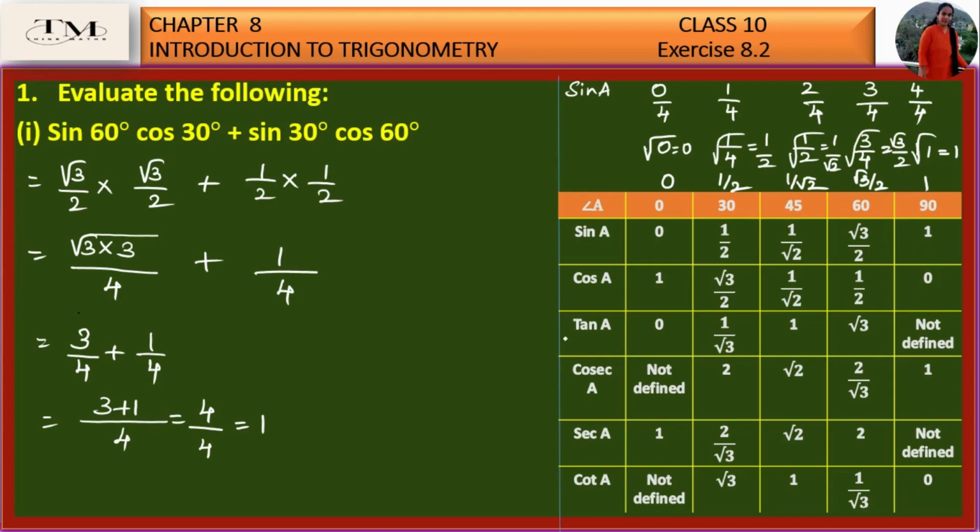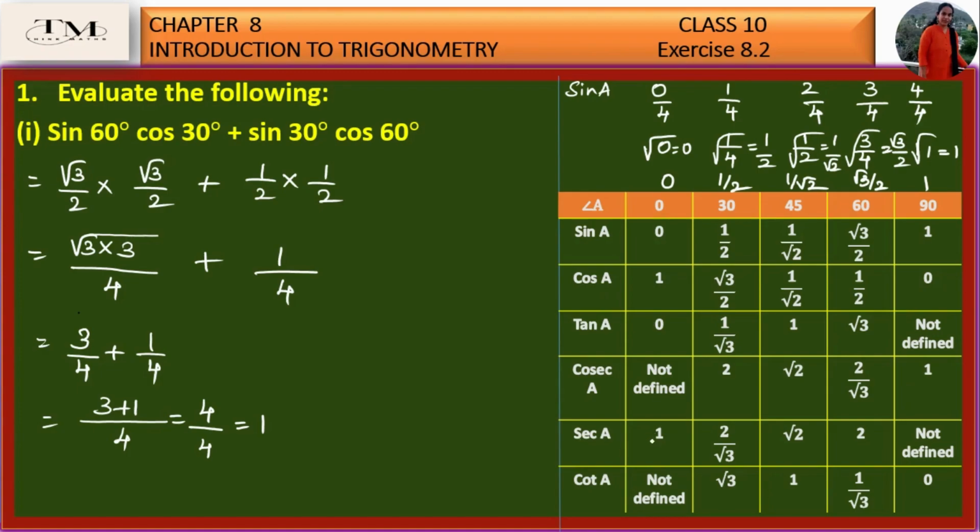If we get these three values, cosecant, secant and cot are all easy, because cosecant is the inverse of sine. 1 by 0 is not defined. If you reverse the sine values, it is 2 by 1, which is 2, root 2 by 1 is root 2, this is 2 by root 3, and 1 by 1 is 1. Secant is the inverse of cos.